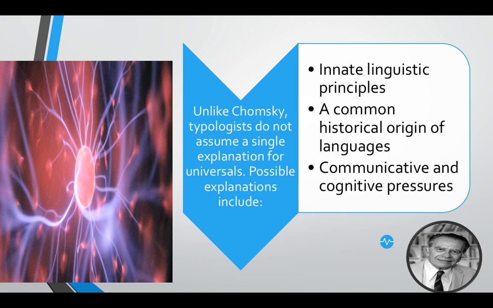So this simply means that Greenberg has explained that there are innate linguistic principles, and also this goes back to the origins of languages and the existence of communicative and cognitive pressures.